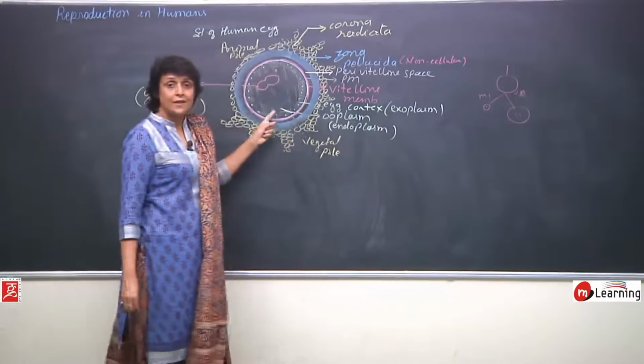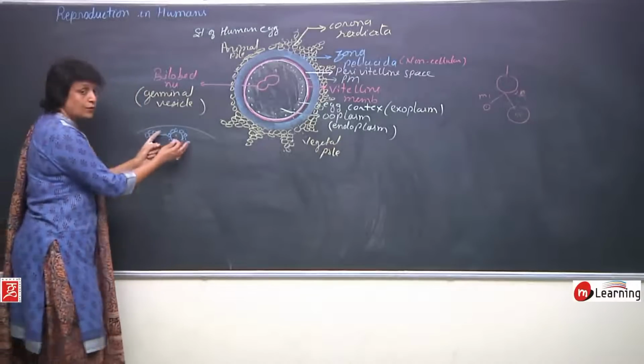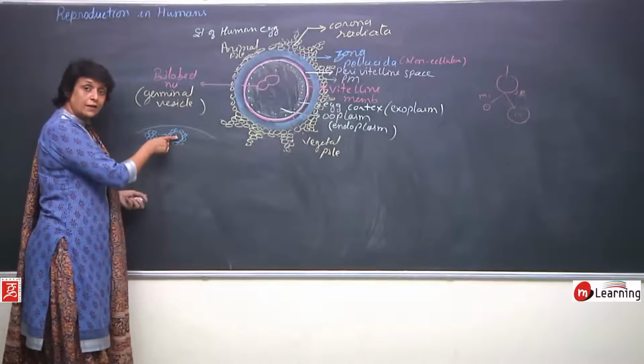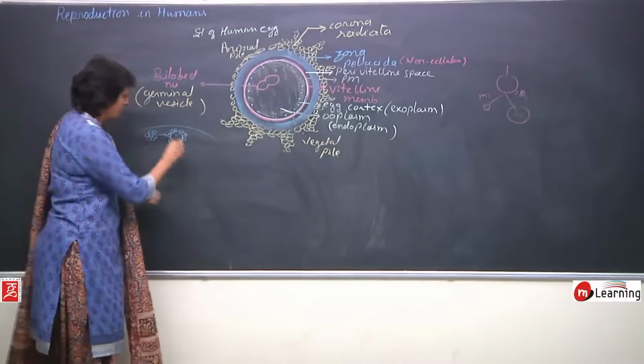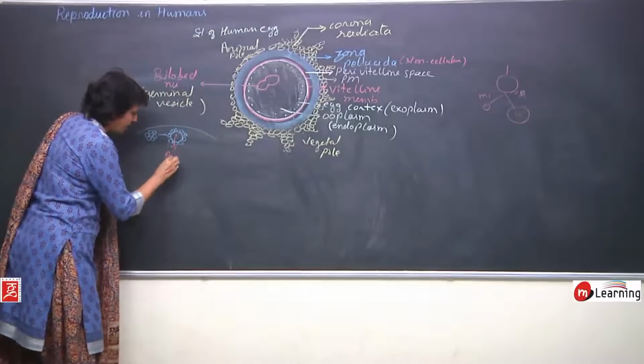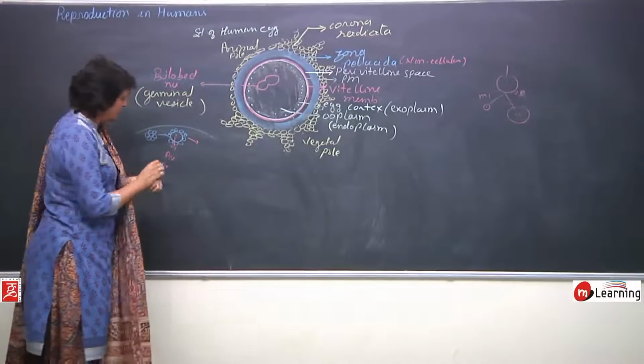So, if this secondary oocyte is there, everything is happening in this cluster of the cells. Suppose we say this is the primary oocyte, and this primary oocyte undergoes meiosis 1.